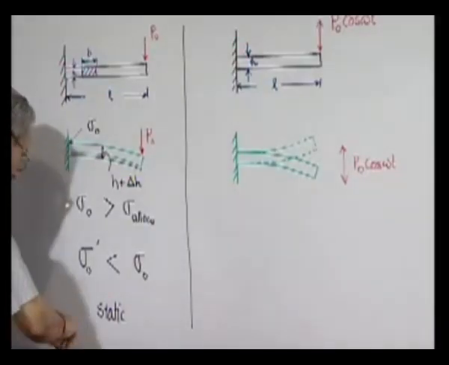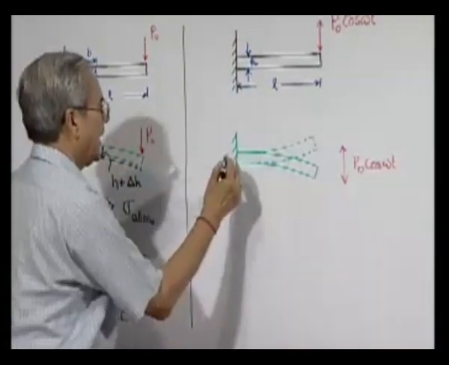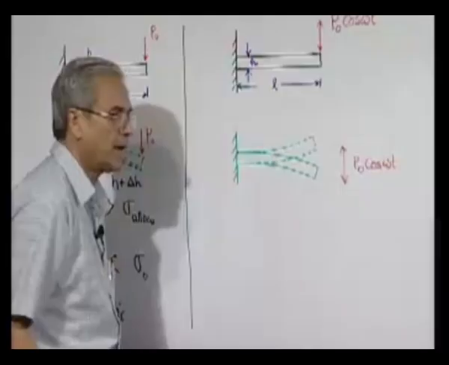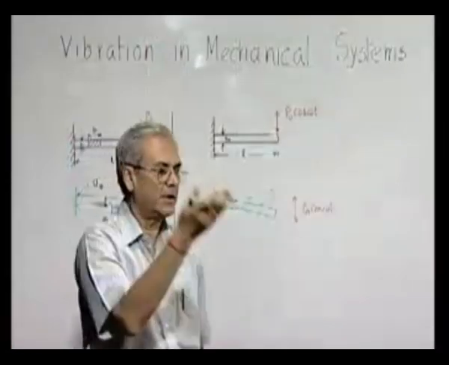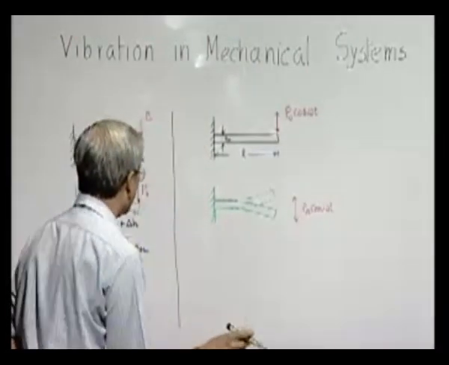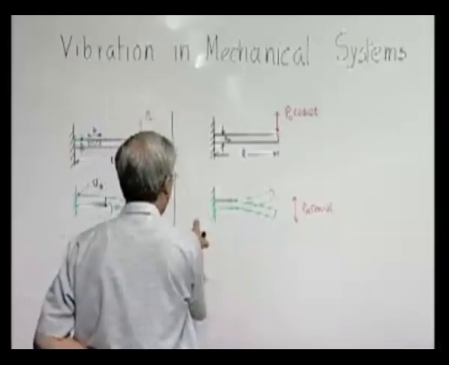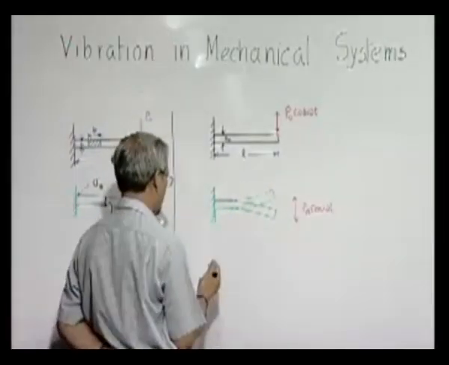So therefore what will happen in this case, that this point will be subjected to alternately a tensile stress when it bends like this, and a compressive stress as it bends like this.